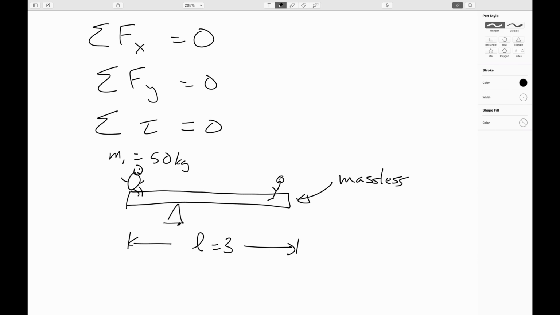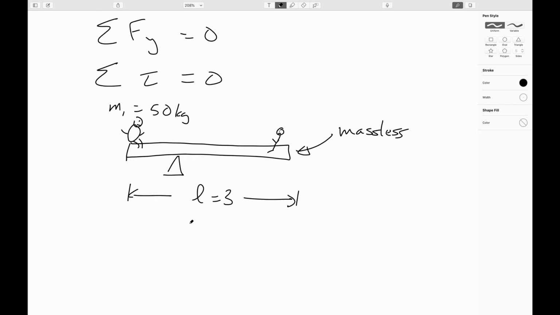And so the two things I want to know. Just like before, we'll make the lighter kid 25 kilograms. So now here, I'm interested in knowing how hard the fulcrum is pushing up. And also, I want to know how far from the big kid I should put the fulcrum so that the game is fair and the teeter-totter balances.